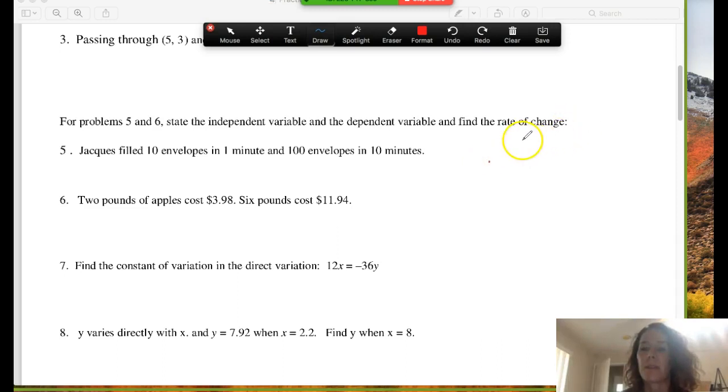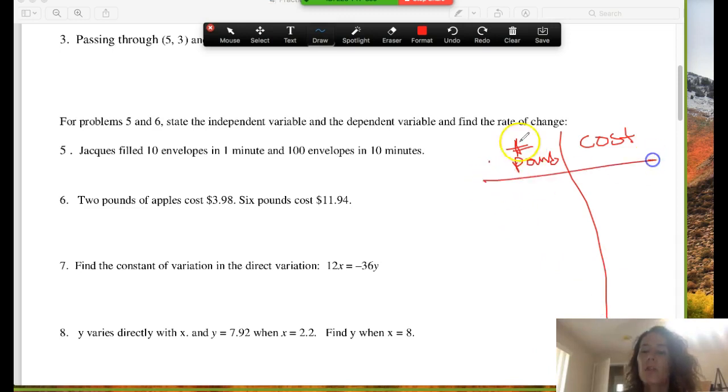So let's look at this. The number of pounds of apples, 2 pounds of apples. So the number of pounds is going to be your independent. I pick how many pounds I want to buy.